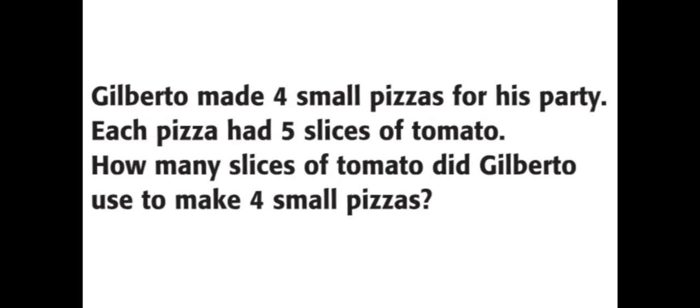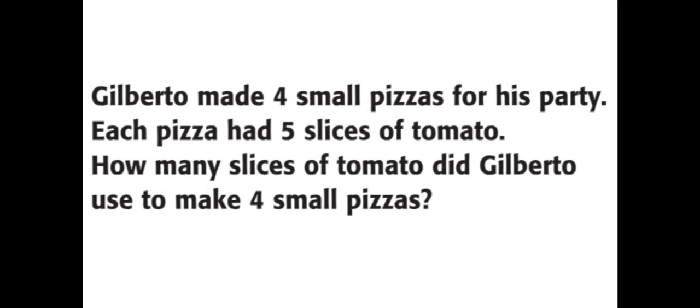So the first strategy is equal groups. So this strategy is where we make equal groups to solve the problem. First off, in the problem, it says that Gilberto made 4 small pizzas for his party, and that each had 5 slices of tomatoes.